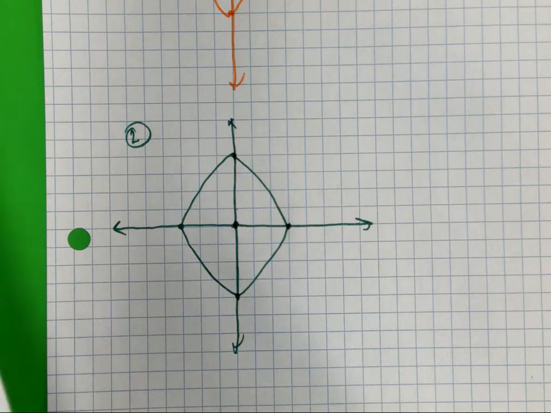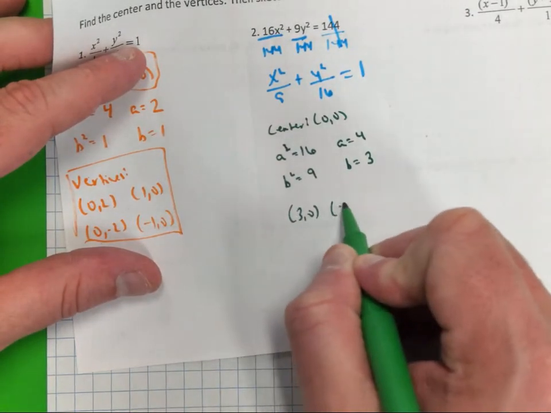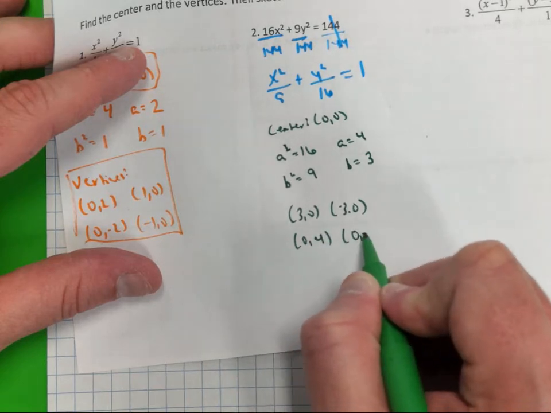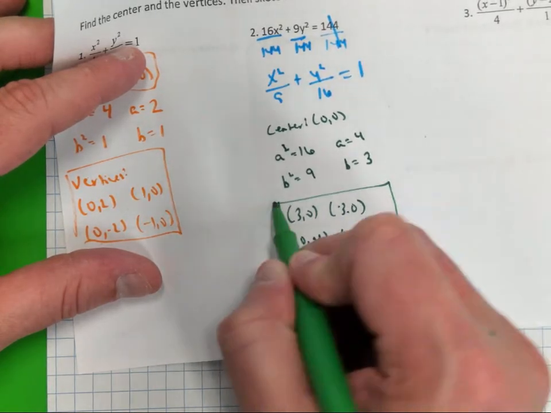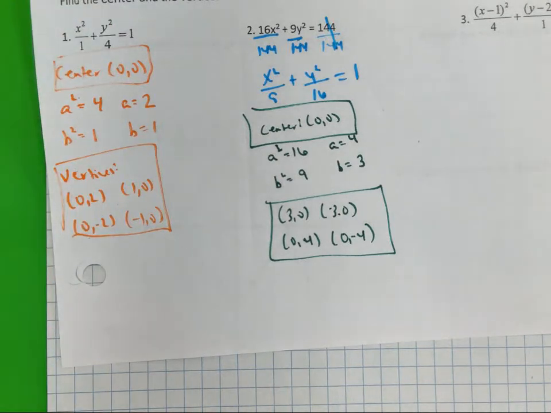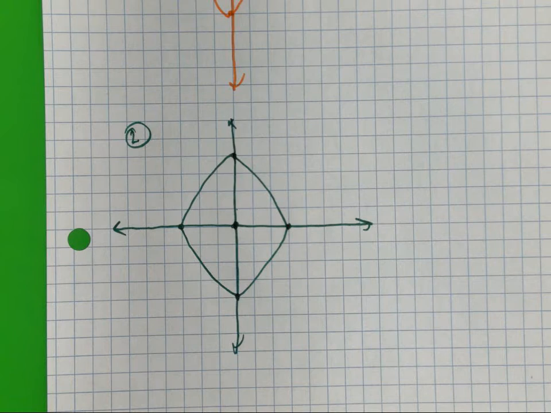So my vertices would be 3, 0, negative 3, 0, 0, 4, 0, negative 4. So that's what I'm looking for, that and the center. This is what you test on first, circles and this.